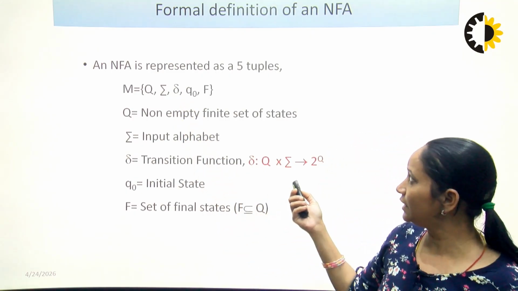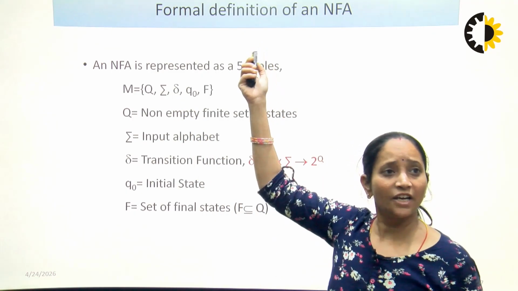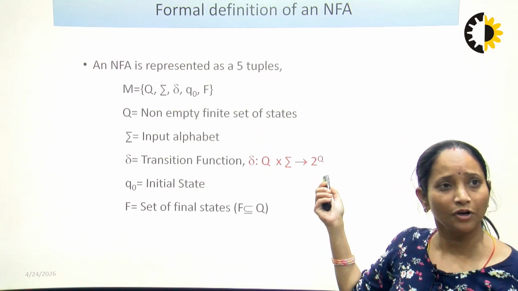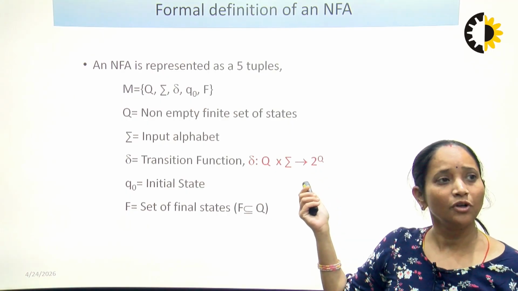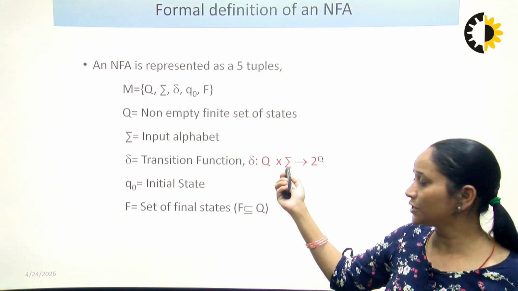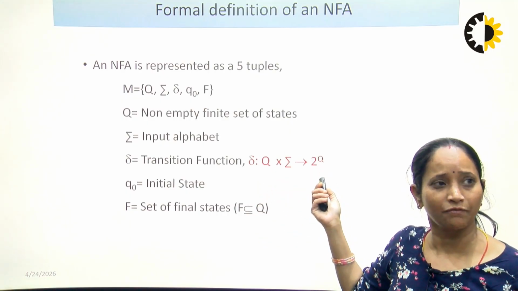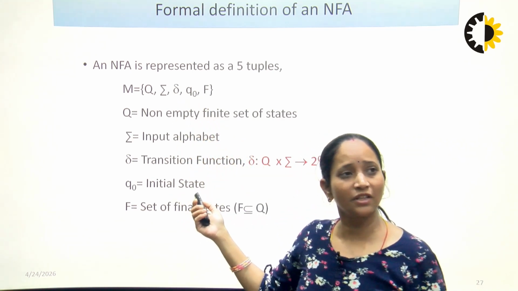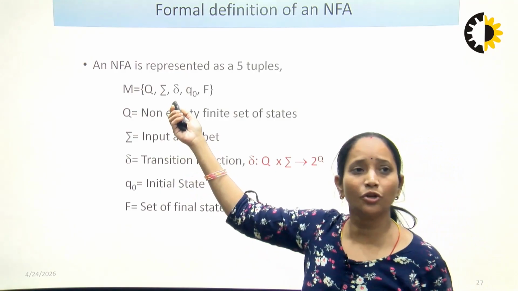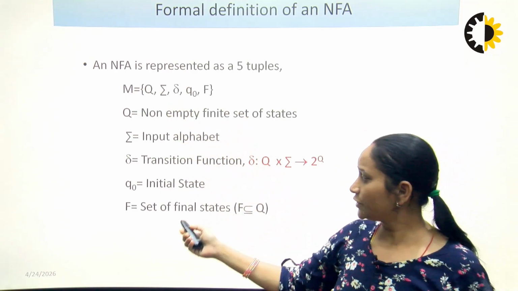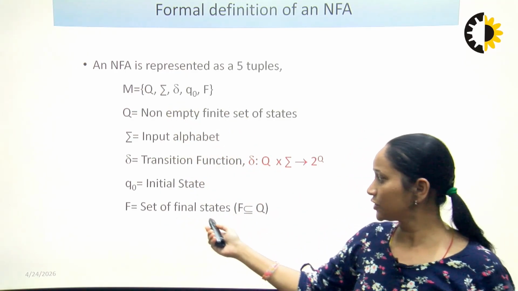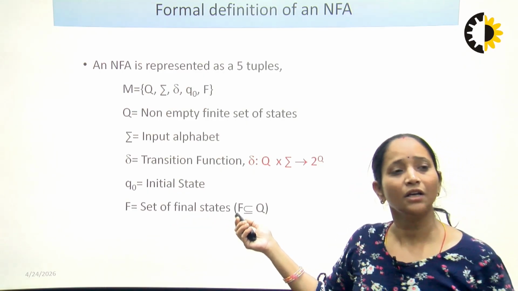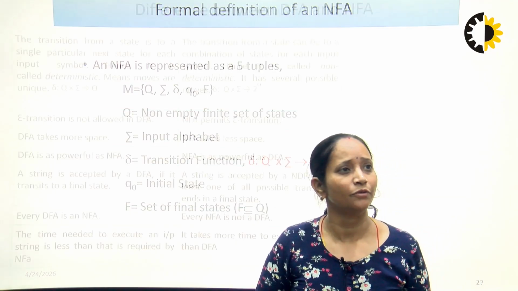Since it is an NFA, the transition function is defined as Q × Σ → 2^Q, that is the power set of Q, meaning for a particular input symbol multiple moves are defined. Q0 is the initial state, and Q0 is part of Q. F is the set of final states, so F is a subset of Q.